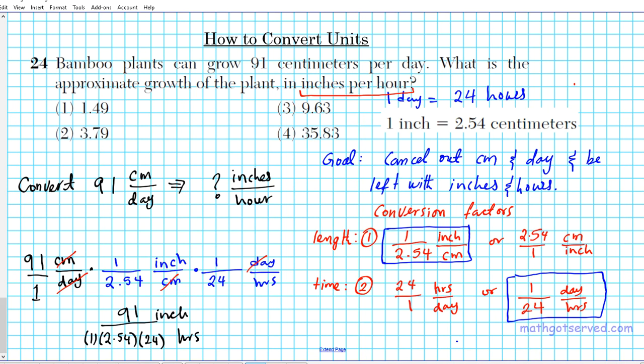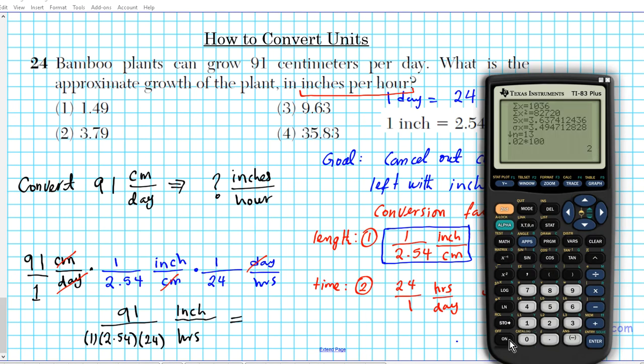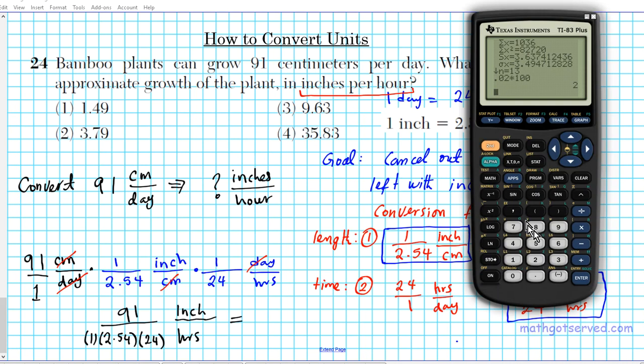Okay, so when we evaluate this quotient right here, quotient and the product, we're going to end up with what our final answer is. Alright, so we need our calculator to help us out with this. So fire up your calculators. Let's evaluate what this is. So we have, you know what, in order to avoid making mistakes, I'm just going to do it step by step.